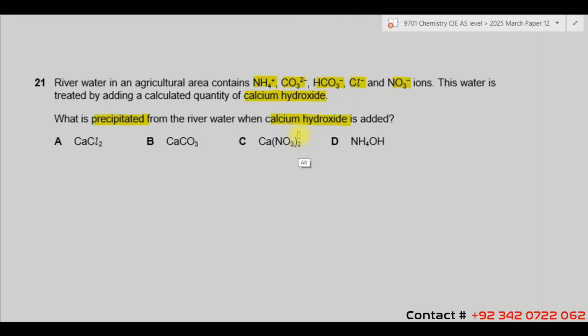Okay, let's see which ions we have. From calcium hydroxide we have Ca2+ and OH-. Calcium can make a compound with carbonate, so we have CaCO3. It can make bicarbonate, CaHCO3. It can make chloride, CaCl2. It can make a nitrate, CaNO3. Ammonium can make hydroxide.